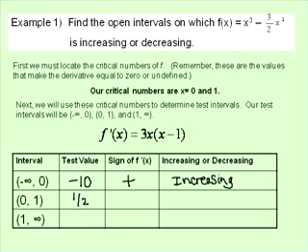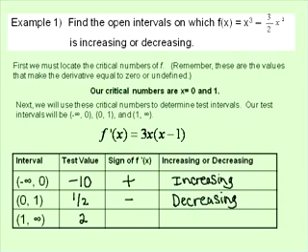From 0 to 1, 1/2 would be a good test value. 3 times 1/2 is positive. 1/2 minus 1 is negative, and a positive times a negative is a negative. So the derivative is negative when x equals 1/2. Therefore, on the interval from 0 to 1, f of x must be decreasing.